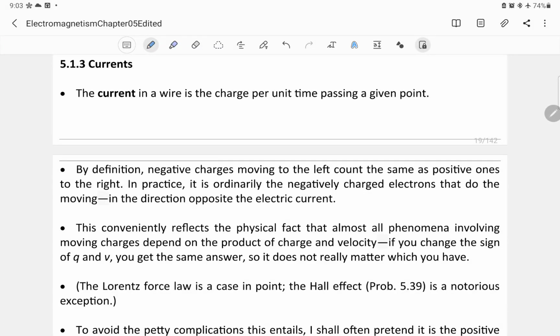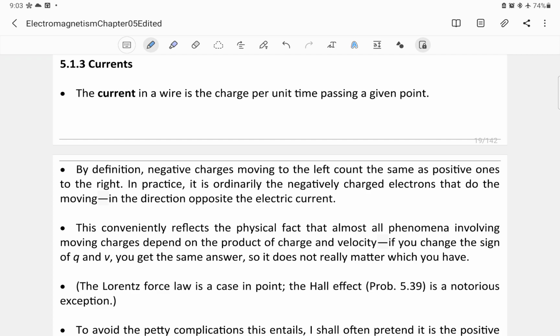The current in a wire is the charge per unit time passing a given point. So it's like the time derivative of the charge that passes through some region. By definition, negative charges moving out to the left count the same as positive ones moving to the right.